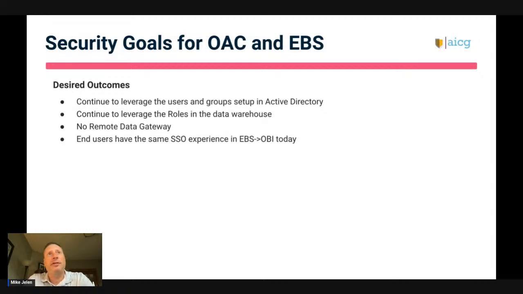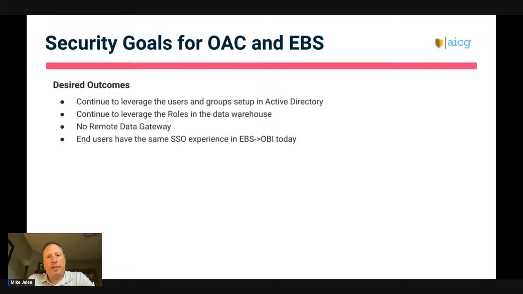So you want to continue to leverage those users and groups that are within Active Directory. You want to leverage those roles that are in the data warehouse. Remember, your data level security is already in place from a data warehouse perspective. You don't want to have to redo that plumbing within OAC just because you're moving from OBI to OAC.